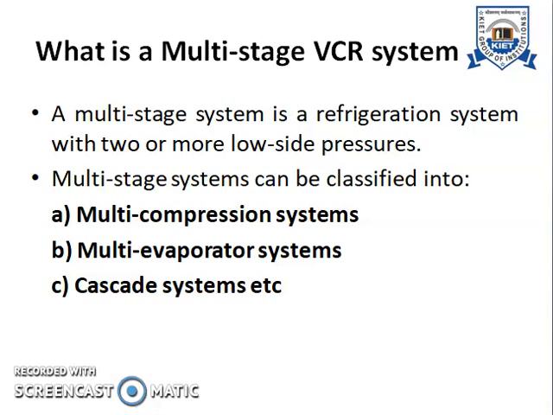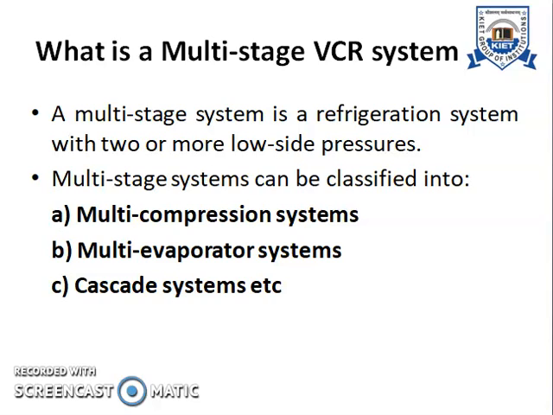Now let us understand what we mean by multi-stage vapor compression refrigeration system. A multi-stage system is a refrigeration system where we have more than two flow side pressures, or sometimes two flow side pressures also.